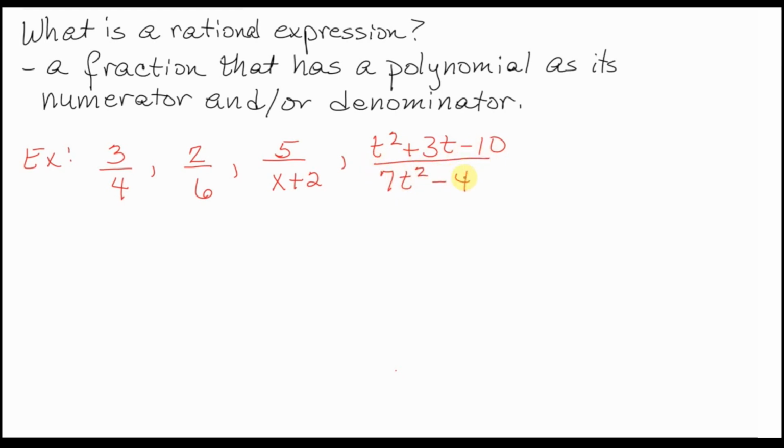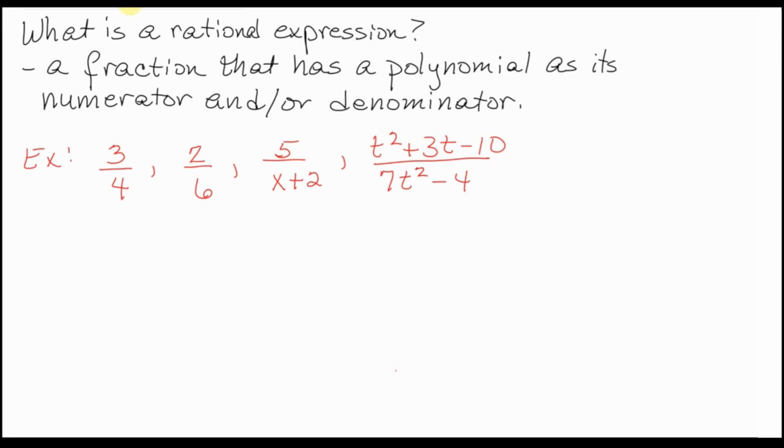All of these are examples of rational expressions because in 3/4 we have a constant, which in itself is a polynomial, in the numerator and denominator. Z over 6, 5 over x plus 2, and t squared plus 3t minus 10 over 7t squared minus 4 are also polynomials. So all of these are rational expressions.